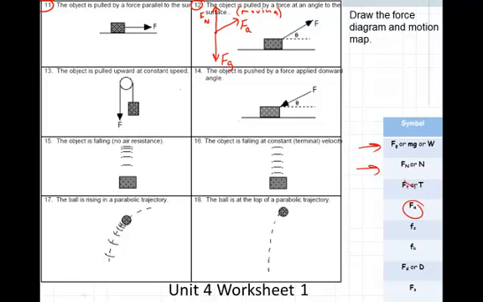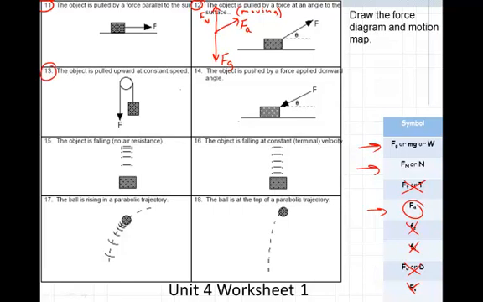It doesn't mention a string, so no. We already said that there would be an applied force. Is there static friction? Well, it's moving, so there couldn't be static friction. Is there kinetic friction? It doesn't say there's any friction, so we'll just say there's not. Probably not enough drag force, and there's no spring. Let's look at number 13 now.